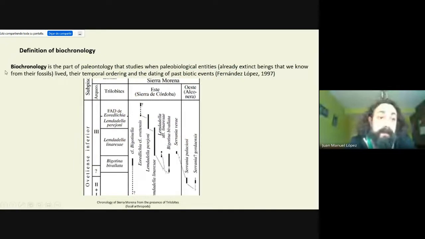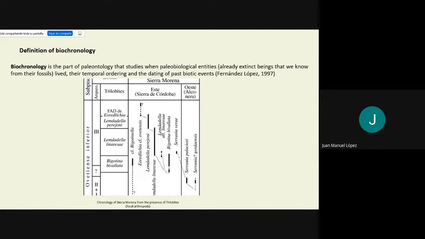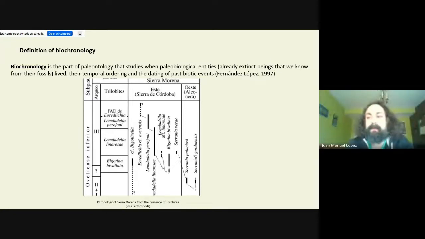Biochronology, as a definition, is a part of paleontology that studies when paleobiological entities lived, in temporal order, and the dating of past biotic events. This, to summarize, is how you can make a chronological range of a site when you have determined small mammal or rodent associations in this site in relation to other sequences. Okay.